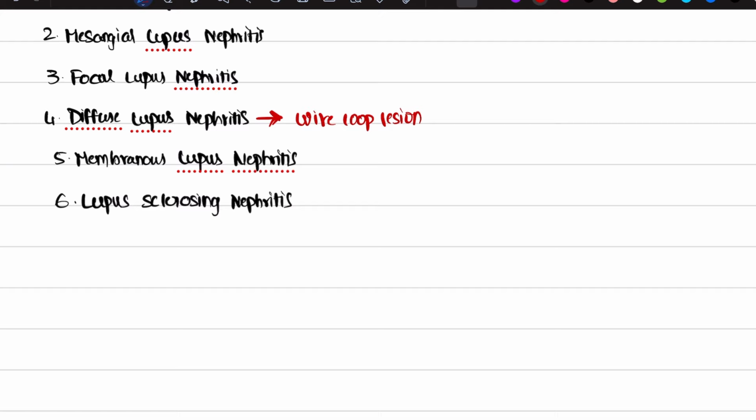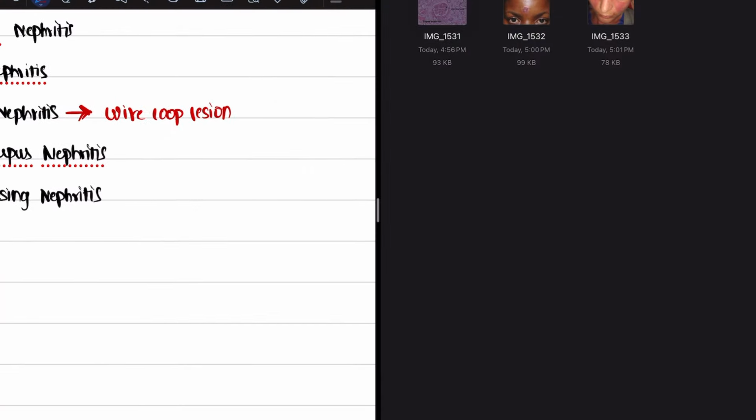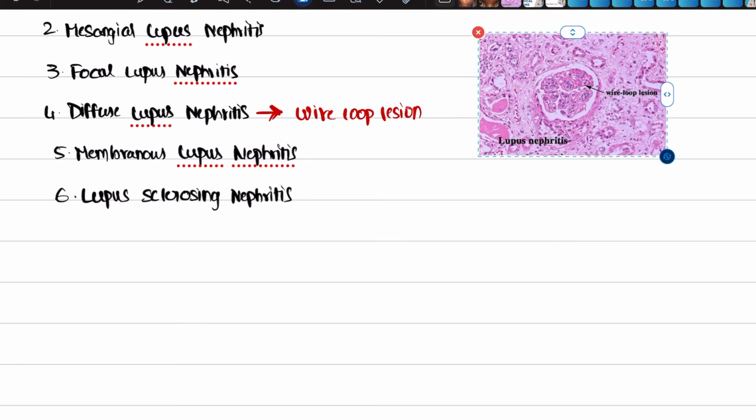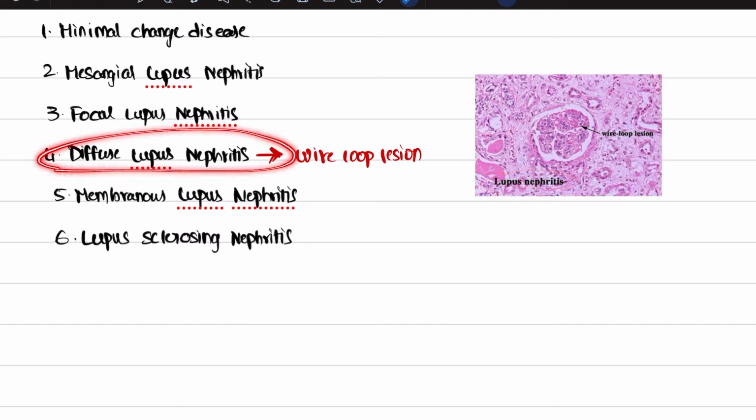Let me show you guys the image. I don't have it here, but I'm going to add it from my files. So see, let me explain with this. This is lupus nephritis. It is mainly seen with diffuse lupus nephritis.